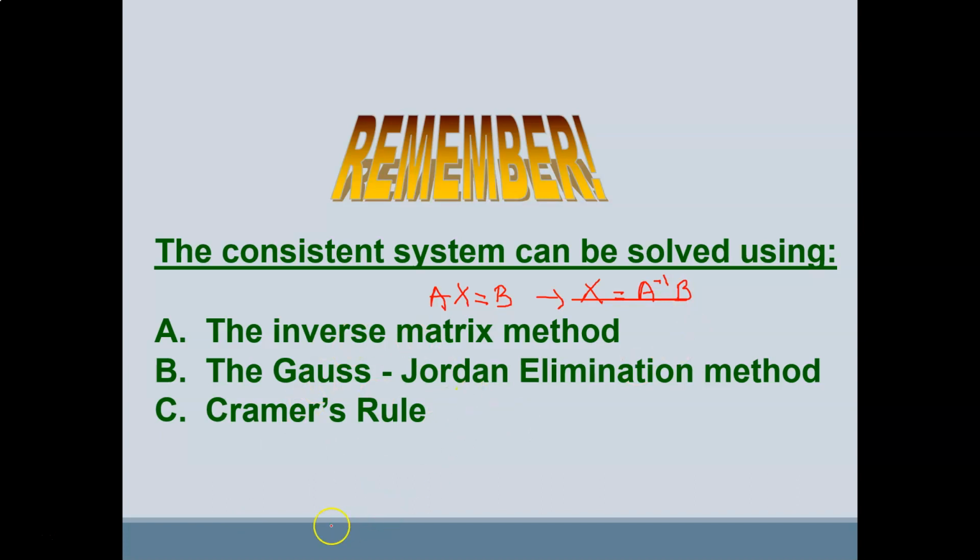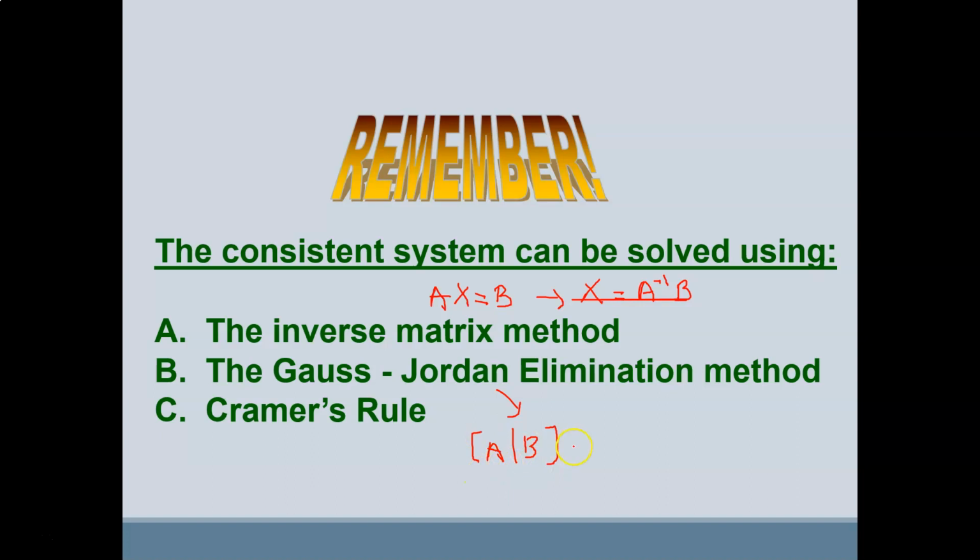Then how about Gauss-Jordan elimination? Gauss-Jordan uses an augmented matrix, A given B. You reduce it into an identity matrix, with B just now on the other side.